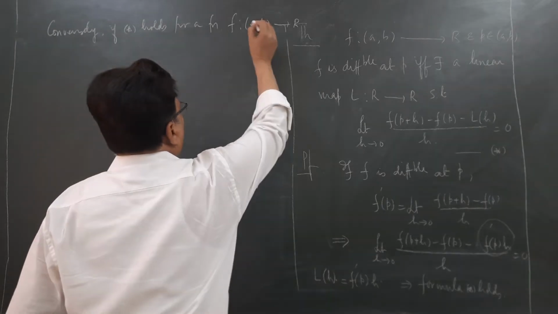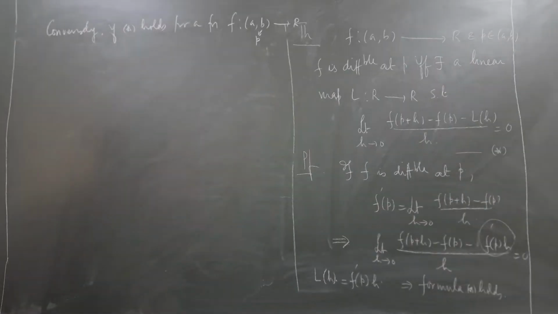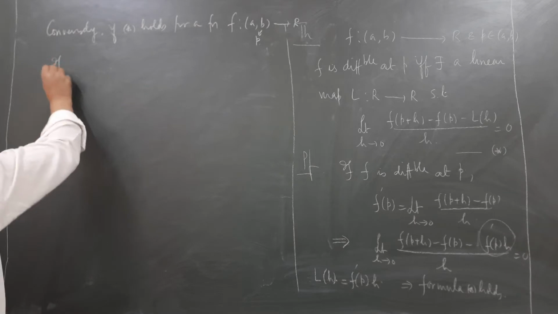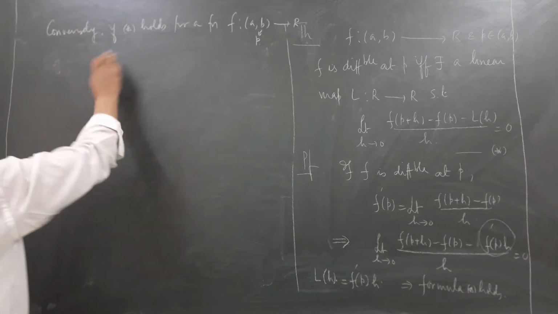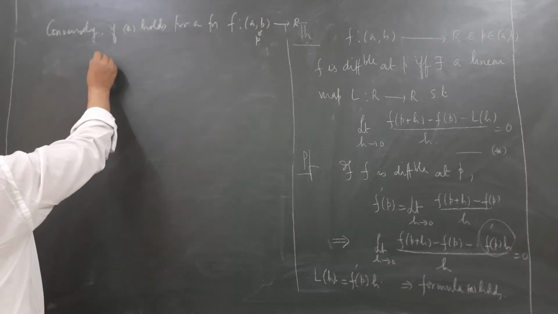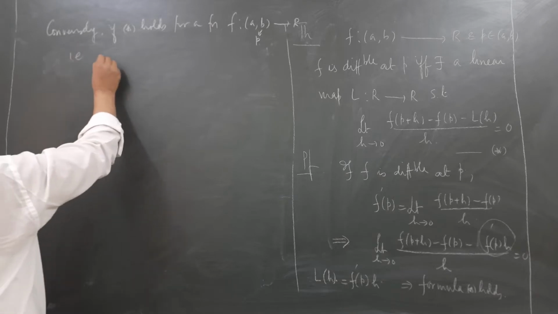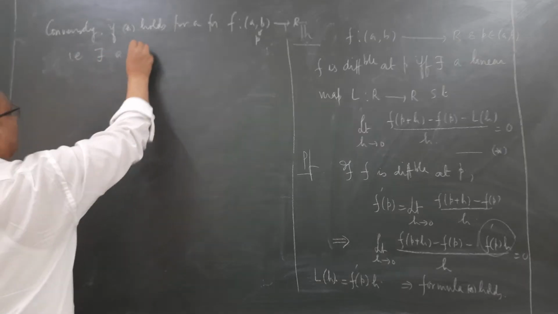Okay, p is a point in (a, b). So, conversely, if this holds, what does that mean? That means there exists a linear map.